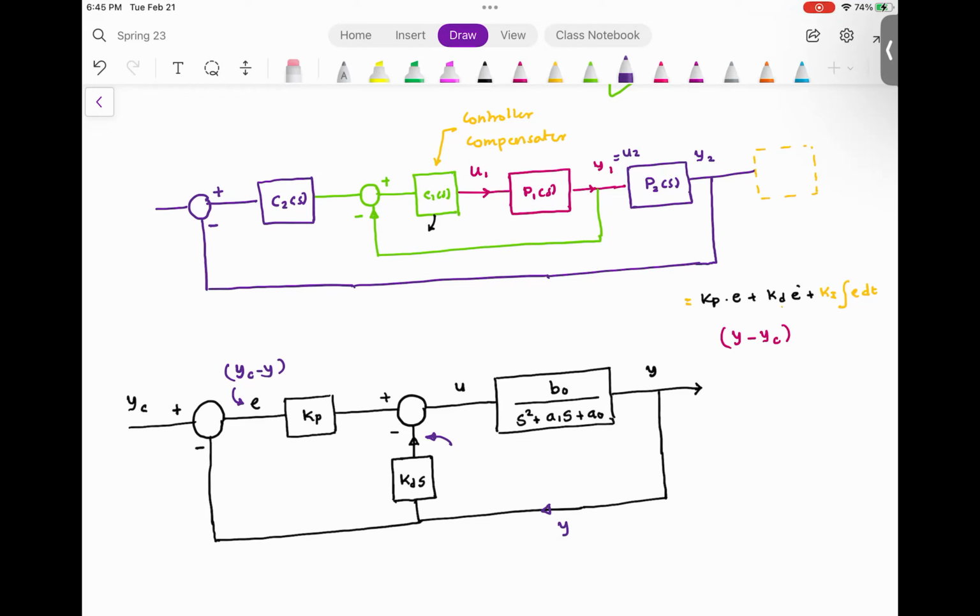Y is coming here, Y is going here. When Y gets multiplied with S, you get y dot, and that y dot is multiplied with KD. So the control effort that you are getting here is not dependent on the error, which is yc minus y, but on the output y. What?